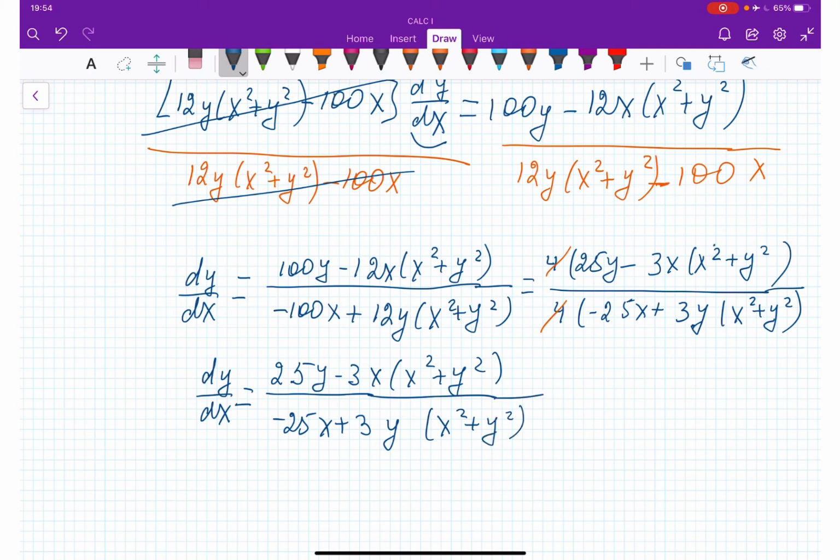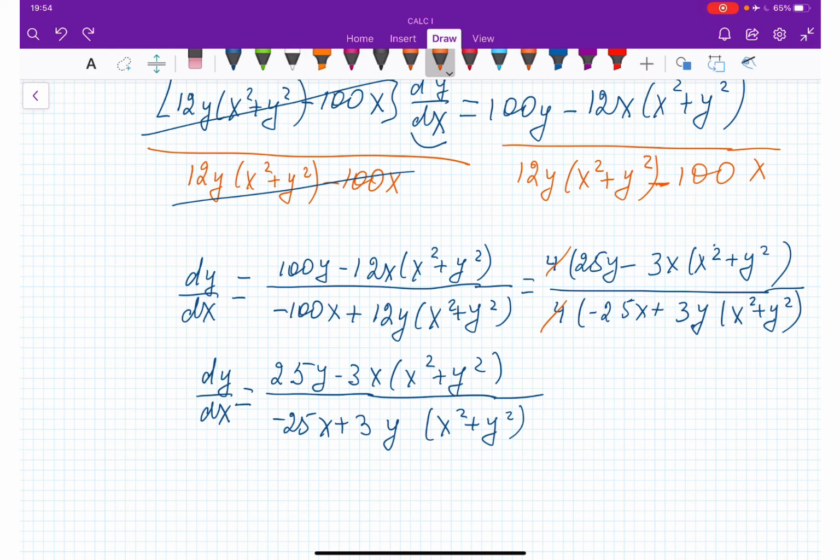Now, we do not dare to cancel x squared plus y squared here. Why? Because the entire term is 3x (x squared plus y squared) and 3y (x squared plus y squared), and on top of that they are tied up with addition and subtraction here. And when a term is tied up with addition or subtraction, we cannot pull apart and cancel.